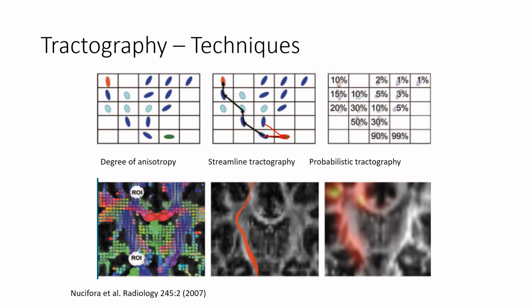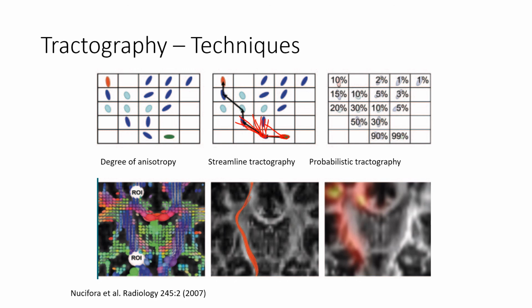Typically 50 to 60 degrees is used as a cutoff. If it's higher than that, we won't draw any connections. If it's lower than that, so here we could draw a connection, and there we draw a connection. So again, we can get some information about multiple orientations of fibers.